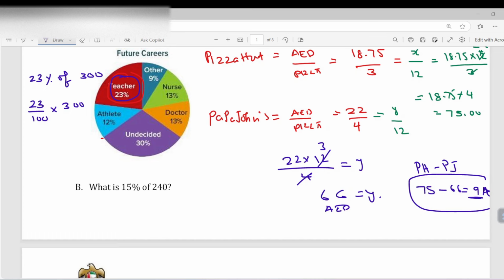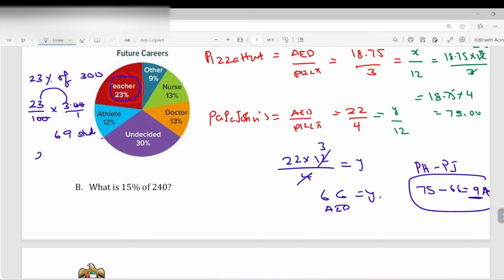See here, 300 by 1. These two zeros in the denominator cancel two zeros in the numerator. 3 times 3 is 9, 3 times 2 is 6. So there are 69 students who want to become teachers.